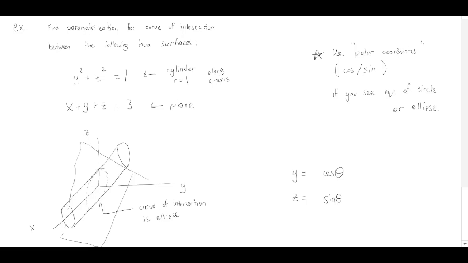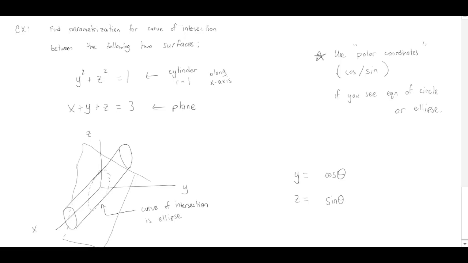Now, however, I also need an equation for x in order to get a parameterization, right? So the idea is I can solve for x in the second equation, and that will give me my equation for x. Notice from the second equation, x is 3 minus y minus z.